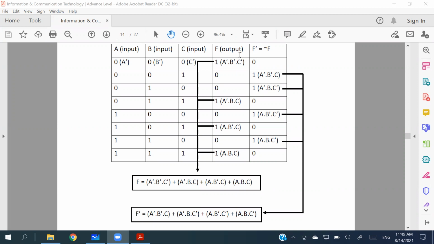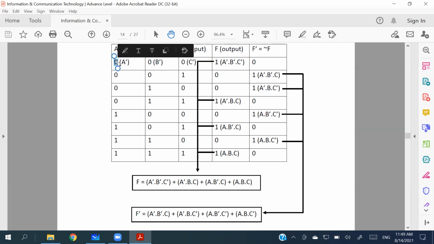When we are writing a SOP, sum of product, right? So we take the output column, we take the ones, the places where it has ones as the output, then we consider what is the input combination to that corresponding one.